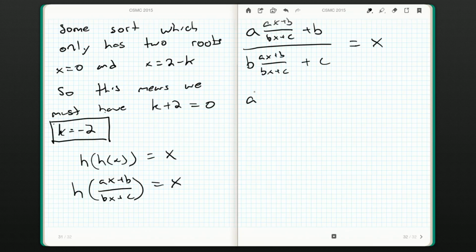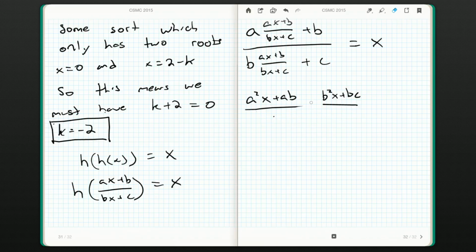So we've got a squared x plus ab over bx plus c, plus b squared x plus bc, multiplying b by bx plus c, all over bx plus c.